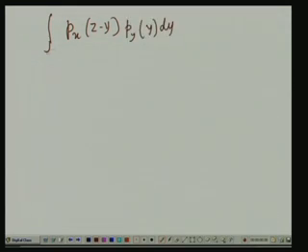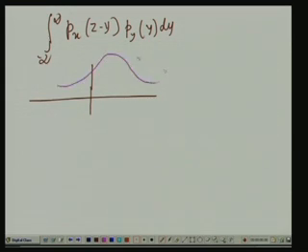You have to evaluate this function. You plot p y y, okay, this is y.